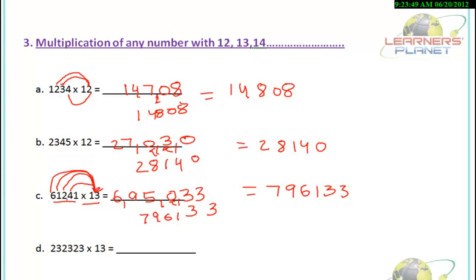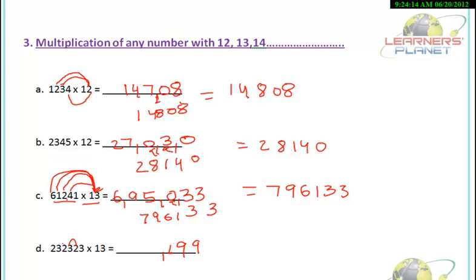Now let's see this example. 232323 into 13. Similarly, at the units place, 3 threes are 9. Then 2 threes are 6 plus 3, 9. Then 3 threes are 9 plus 2, 11.